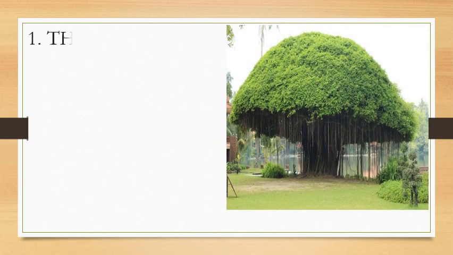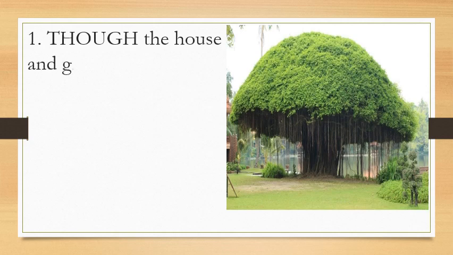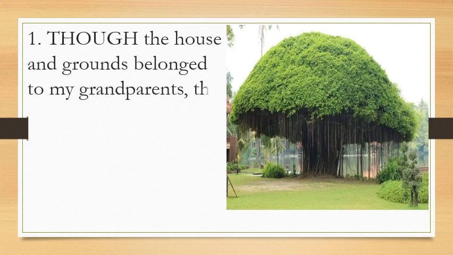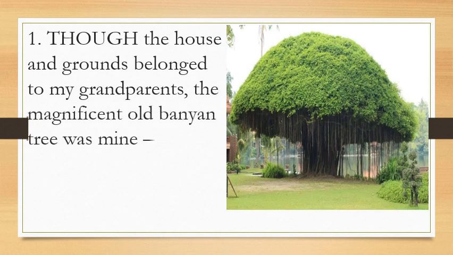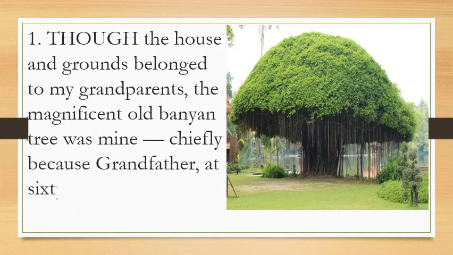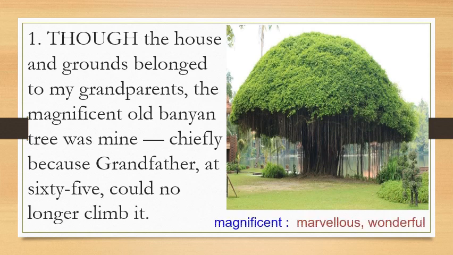Let us see the first paragraph. Though the house and grounds belonged to my grandparents, the magnificent old banyan tree was mine, chiefly because grandfather at 65 could no longer climb it. Magnificent means marvelous or wonderful.